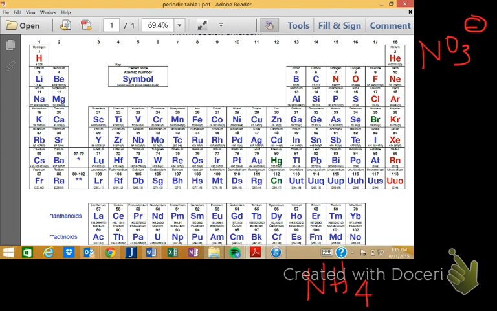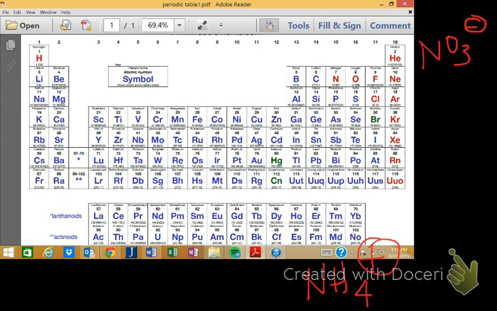NH4, and the charge on it is +1. Okay? And once again, I want to reiterate that whenever we talk about charges, if it's just a +1, you just put a plus, or a -1, you just put the minus. But if it's a +2 charge, you actually put the 2 first and then a positive sign. If there's a +3, then you put the 3 first and then the plus sign.